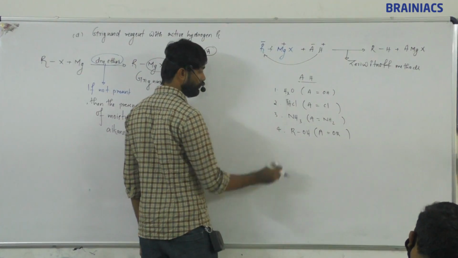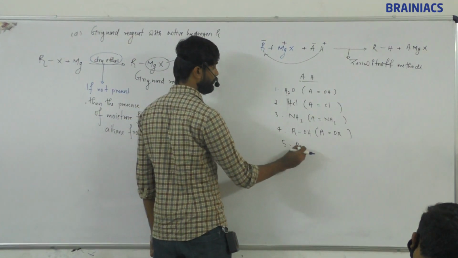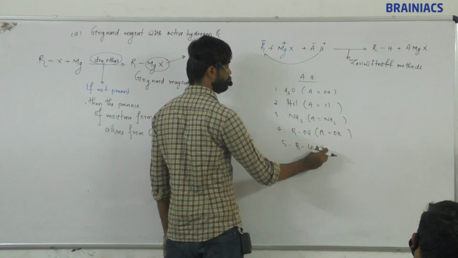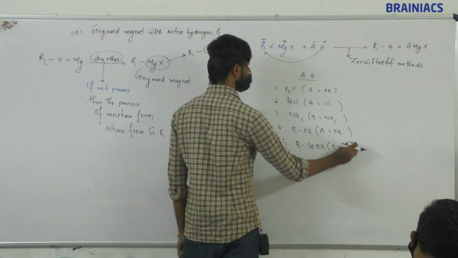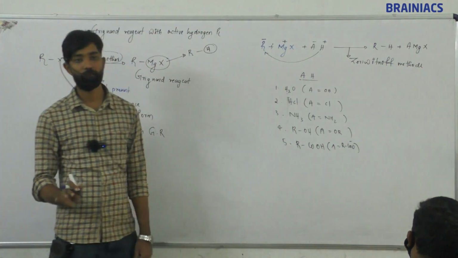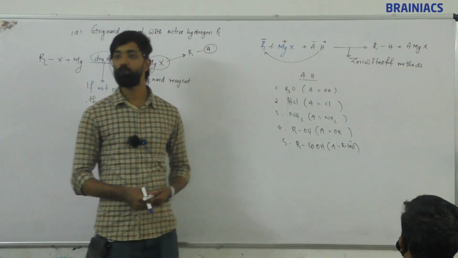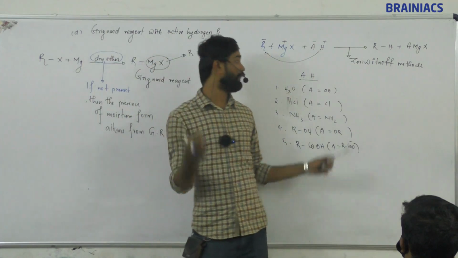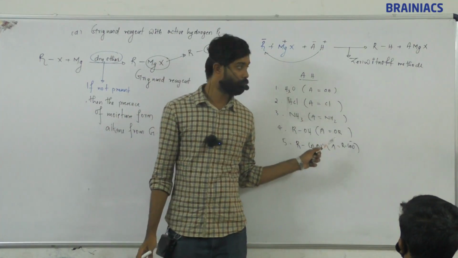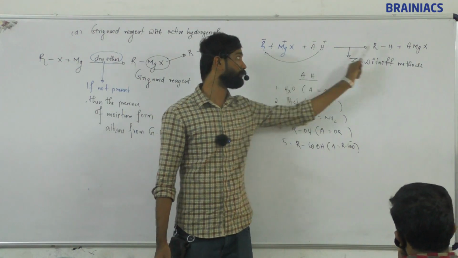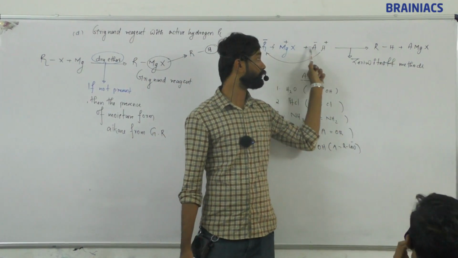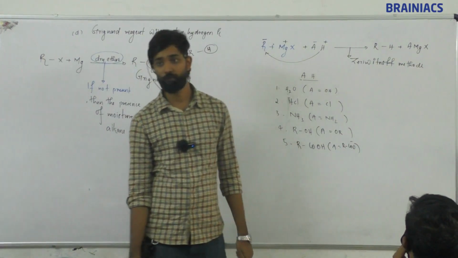Or maybe acid, RCOOH, or the A group will be RCOO. So any species which can supply H plus is said to be an active hydrogen species, where they all have different A groups. For the reaction, the R group is gained by H to become RH alkane, and the A group with the MgX forms AMgX.